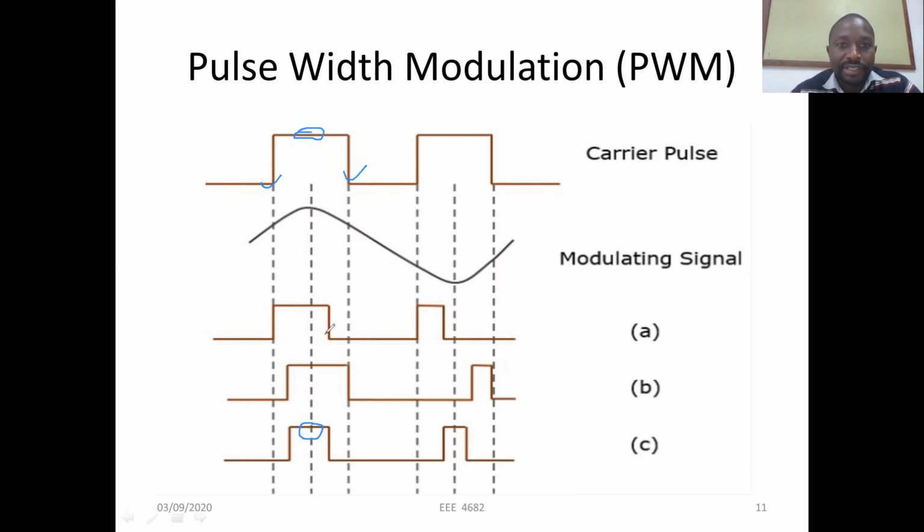What is also of importance to mention here, in each of these, whether leading edge, falling edge, or center of the modulating signal, is to notice that when the signal is positive or for higher values of the carrier, the width of the pulse width signal increases, whereas for the minimum values, the width will also be reducing.